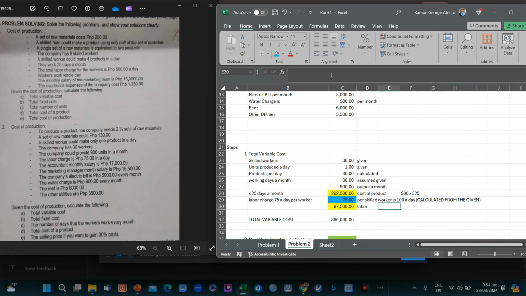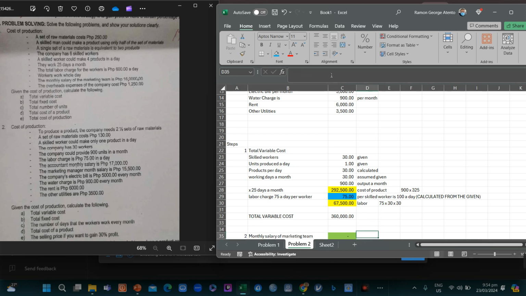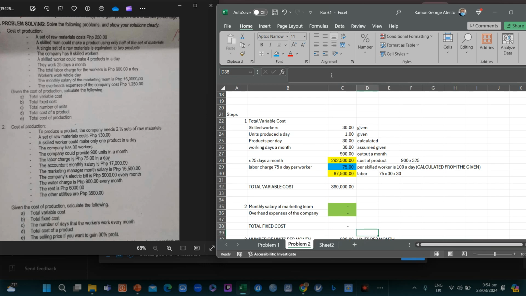So it's 75 a day multiplied by 30 workers multiplied by 30 days in a month. Okay, so the total variable cost would come out as 360,000.